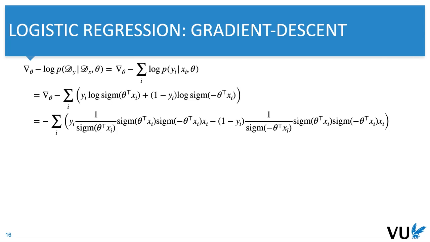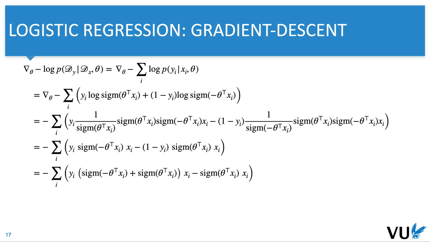All right, so now what we need to do is simplify a little bit. Then we divide, in the first part by sigmoid and the other part by sigmoid with negative argument. All right, we have something simpler. Now we need to simplify further.